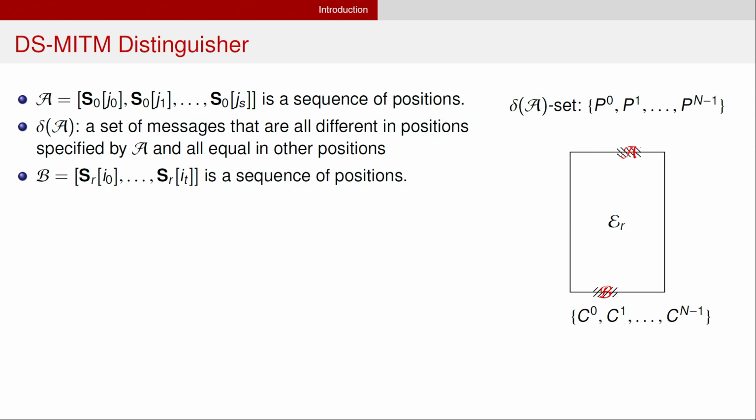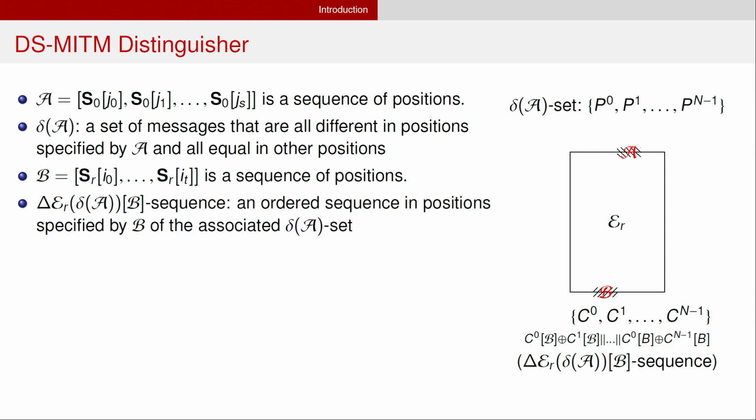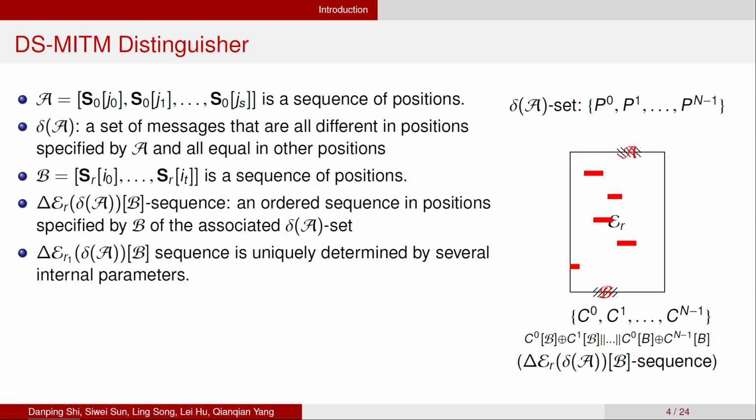Assume B is a sequence of the output positions. Consider the ordered sequence of differences between all ciphertexts Ci and C0 in positions specified by B.